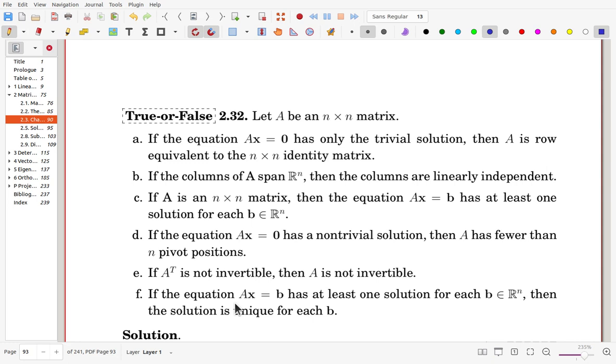Once matrix A is invertible, the linear system has a unique solution. And if we consider this matrix multiplication as a transformation, then this transformation is 1-to-1 and onto. So invertible matrices have really wonderful properties. The last statement is true.